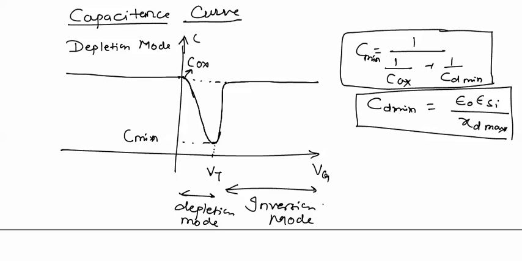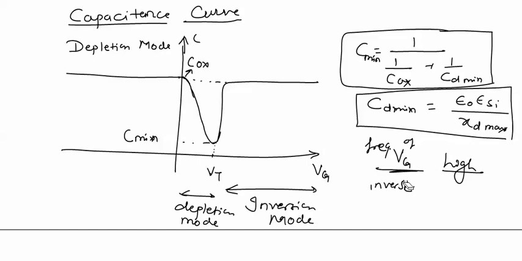Now in MOS capacitors, if the frequency of gate voltage Vg is very high, then in that case the inversion layer could not form.